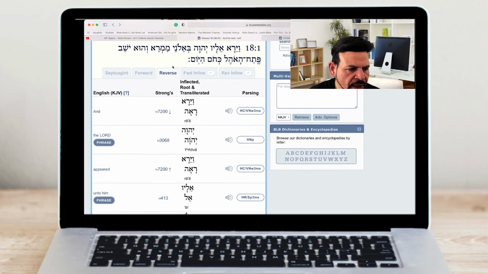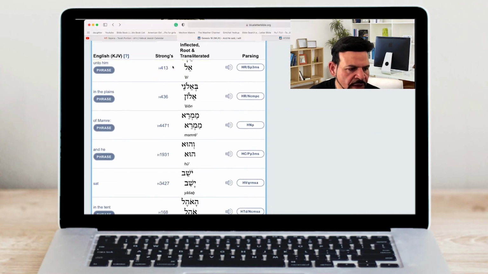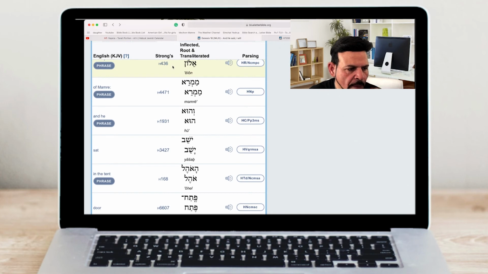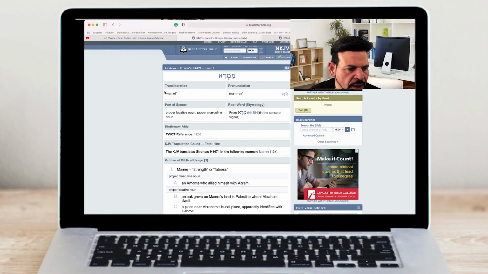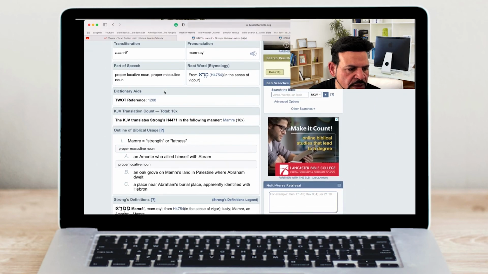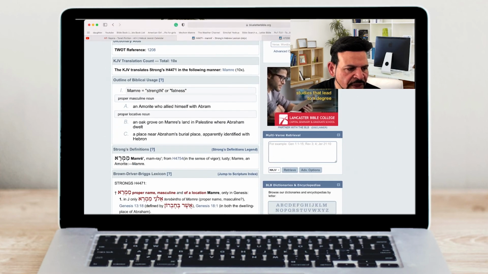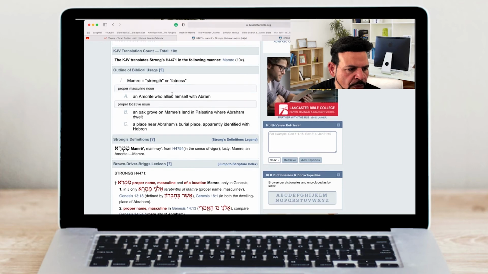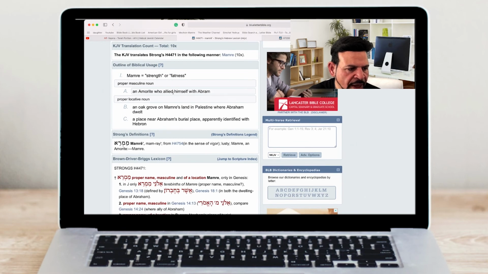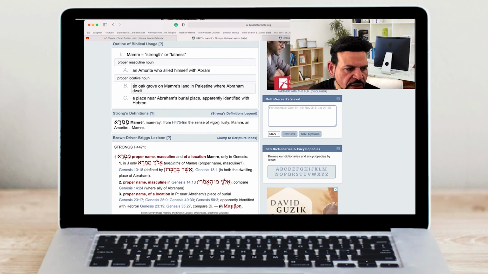Let's go back and see a couple other words that we had in our teaching today. Mamre. Well, who is Mamre? Let's go ahead and enlarge here and see who Mamre is. His name means strength or fatness. He's an Amorite who allied himself with Abram. So he's a real person. It can also refer to an oak grove of Mamre's land in, well, I'll say Israel, not Palestine, where Abraham dwelt.